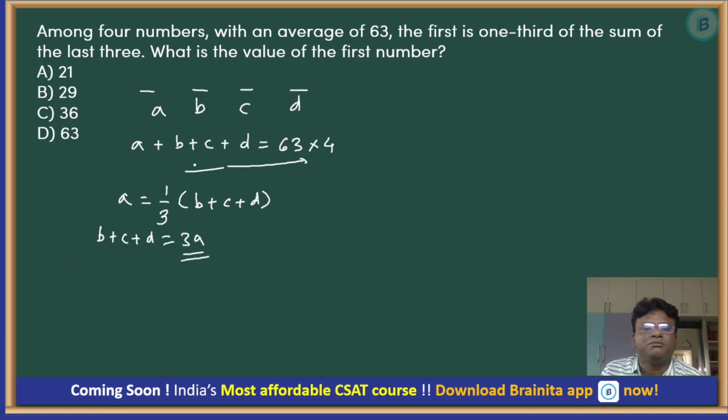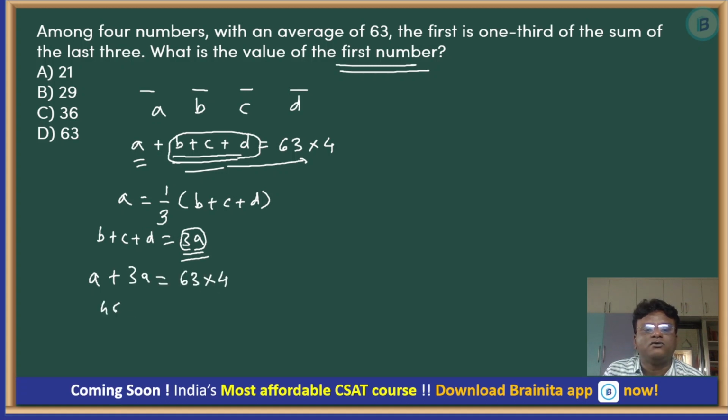Now it became easy for me. I have been asked the value of the first number, so I have to find A. So A plus B plus C plus D is equal to A plus 3A, which is equal to 63 into 4. 4A is equal to 63 into 4. So A is equal to 63.